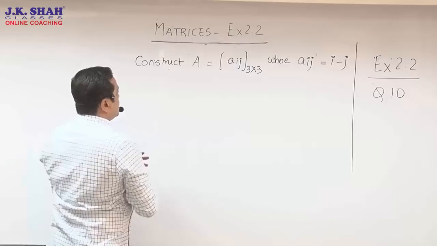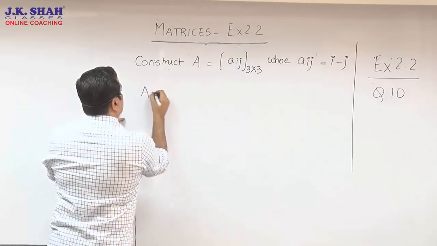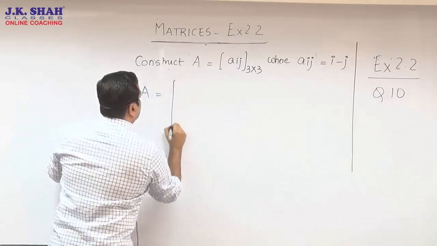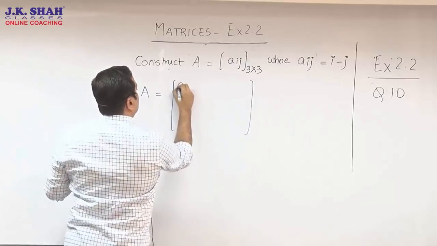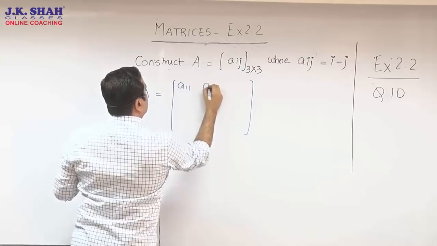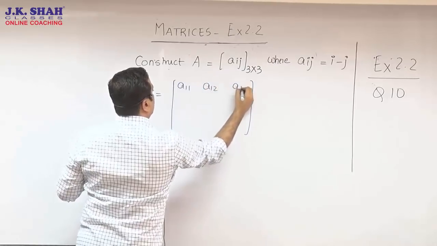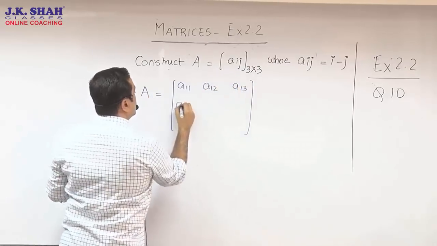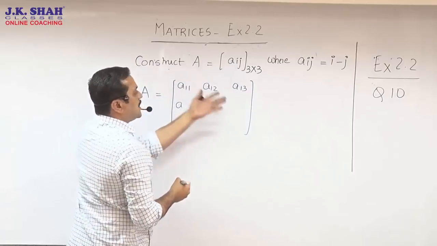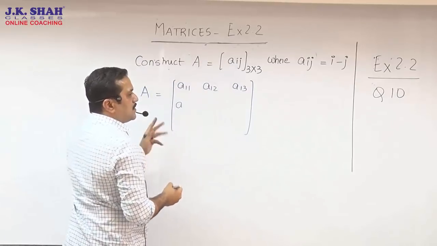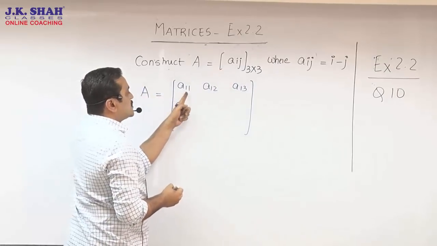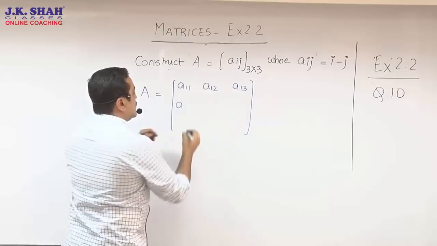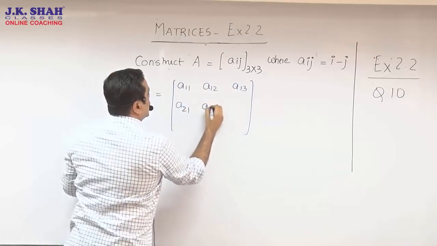First of all, let me start the answer. The A is a 3 by 3 matrix, wherein this is going to be A11, A12, A13. They said all the elements inside the matrix are A, so we write all the elements as A. And the suffix ij is the address system that I had explained to you earlier. It's 11, 12, 13, A21, A22.